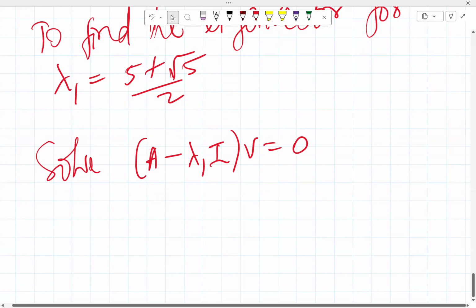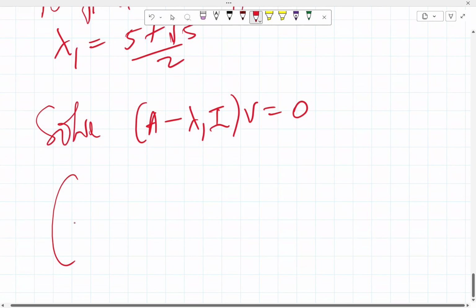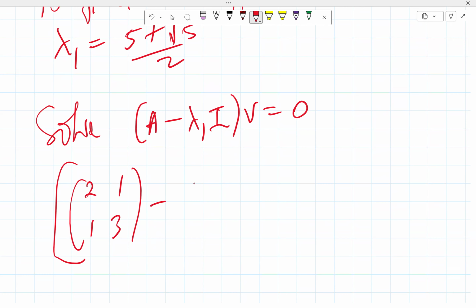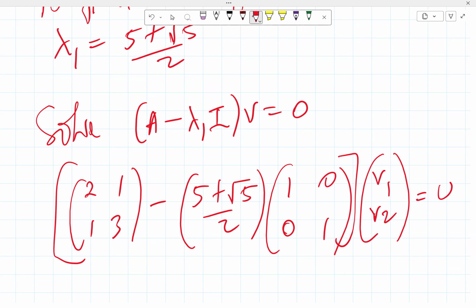The original matrix is 2, 1, 1, 3 minus lambda I. Lambda I is 5 plus root 5 all over 2 multiplied by 1, 0, 0, 1, all of that multiplied by V1, V2, which is equal to 0.